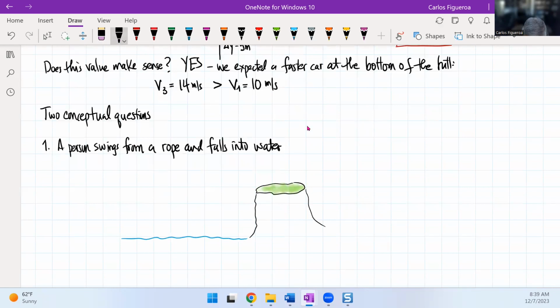So now I have a tree, and a person standing on top of this thing, maybe right here. This person is holding on to a rope, and I imagine the rope is attached to the tree right here.